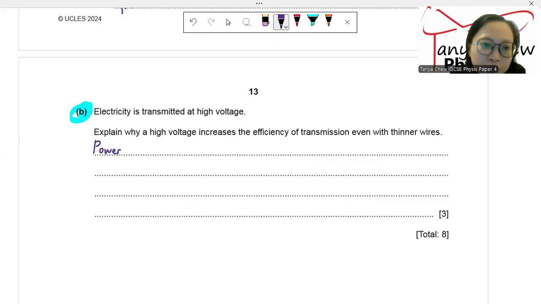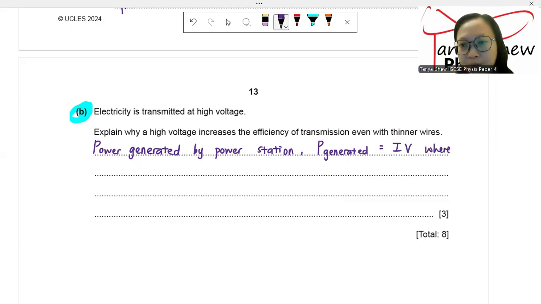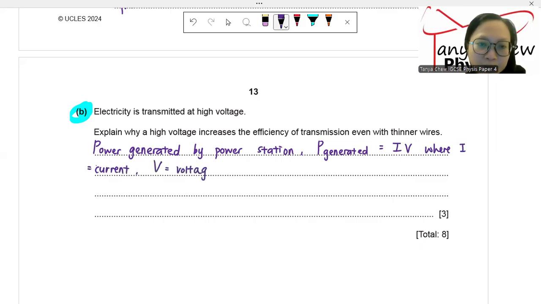Power generated by power station is equal to, or you put a comma because I want to use a symbol. P gen means the power generated by the power station is equal to IV, where I represents current, V represents voltage generated by the power station.